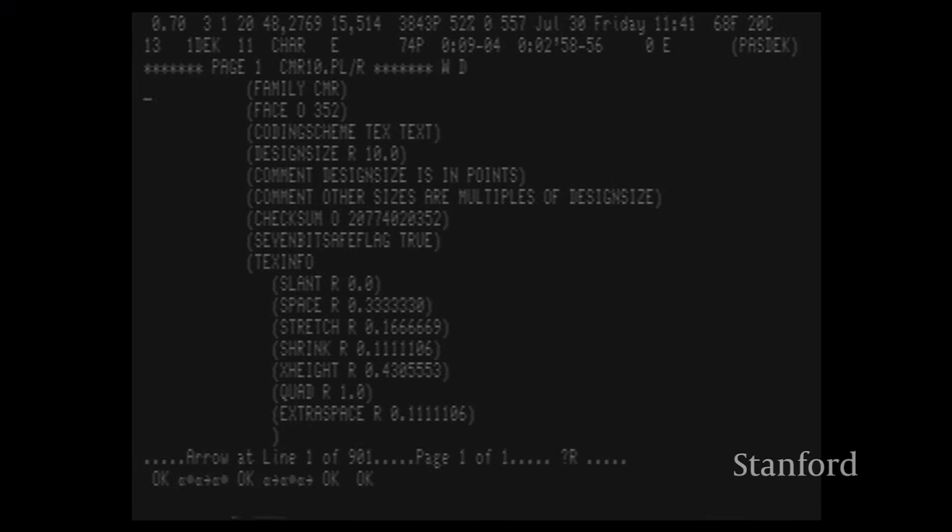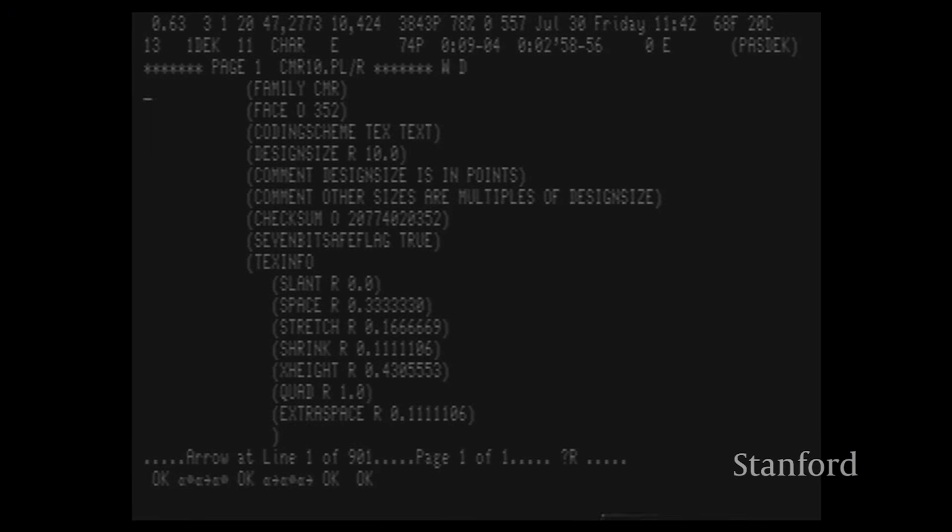The design size here is given as 10 points, and there's a comment. TF to PL always puts out these two comment lines, and you can write PL files yourself and put comments anywhere you want, and put these different properties in any order. The PL to TF program will accept lots and lots more source files than TF to PL would ever write.